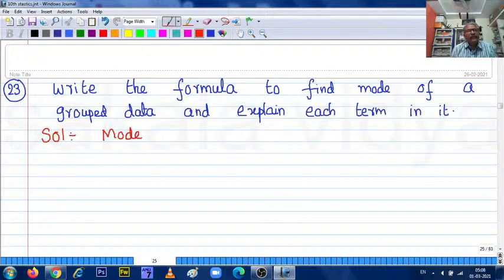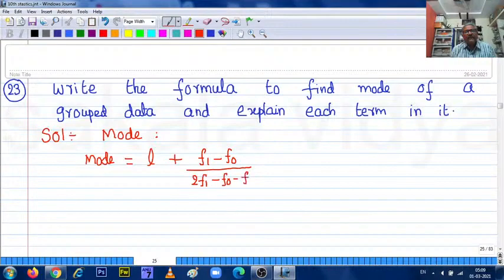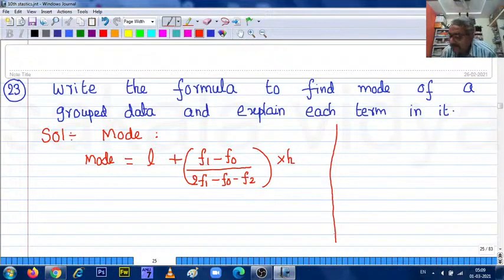The mode is given by mode equals L plus F1 minus F0 upon 2 times F1 minus F0 minus F2, multiplied by h. Now we need to explain each letter involved in the given formula.